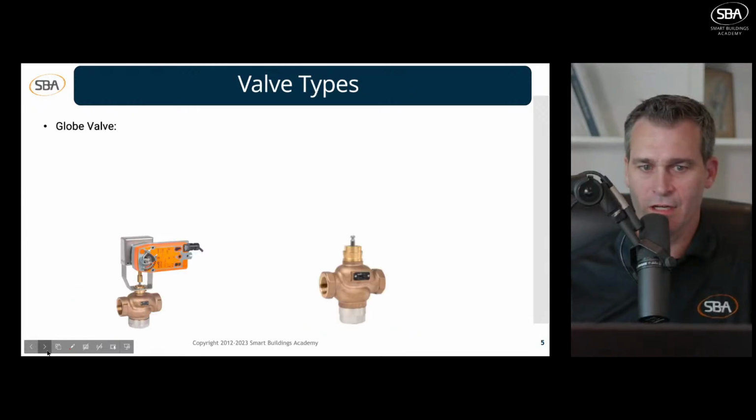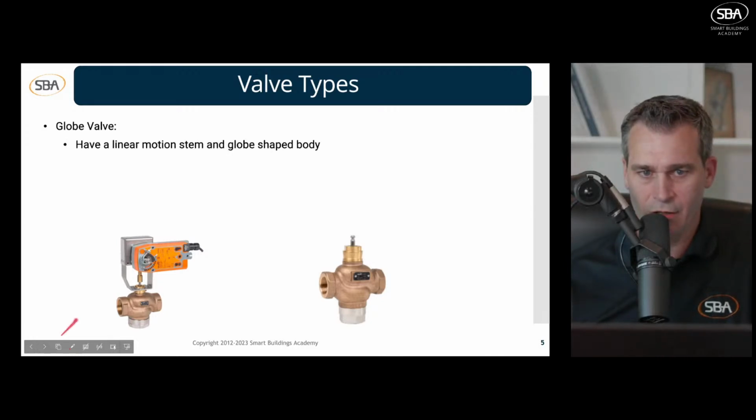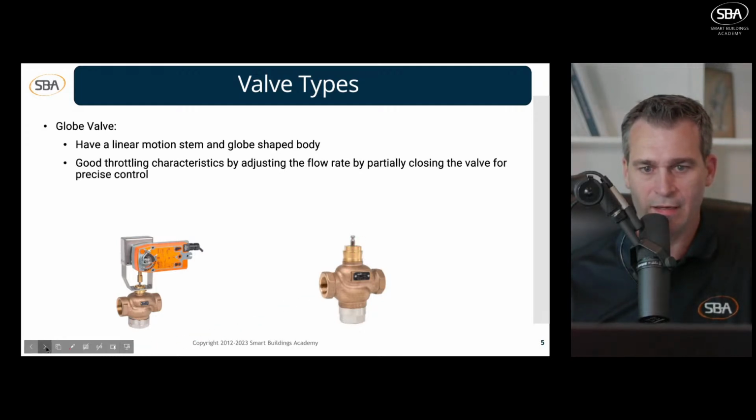All right, so let's talk about the different valve types, because there are several different valve types when we're talking about valve selection. The first one we have here is called the globe valve. The globe valve is a linear motion stem on a globe-shaped body. So we've got a valve stem on these, and they're shaped like a globe. They have good throttling characteristics by adjusting the flow rate.